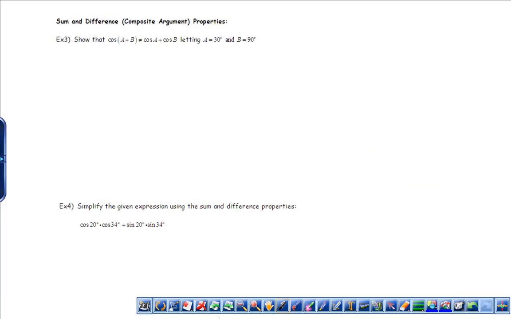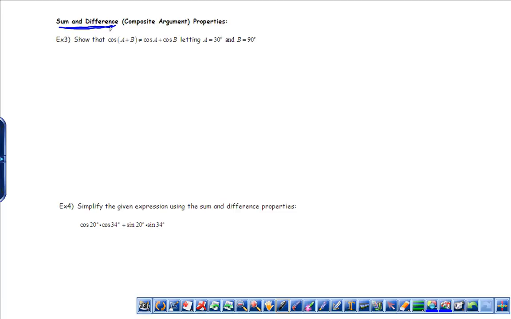Okay, so a sum and difference, which is a composite argument. So this is what the title of this whole worksheet is about. Now I want you to pull out your properties, which you picked up in class yesterday or today, and look at your sum and difference properties. It's at the bottom of the worksheet.